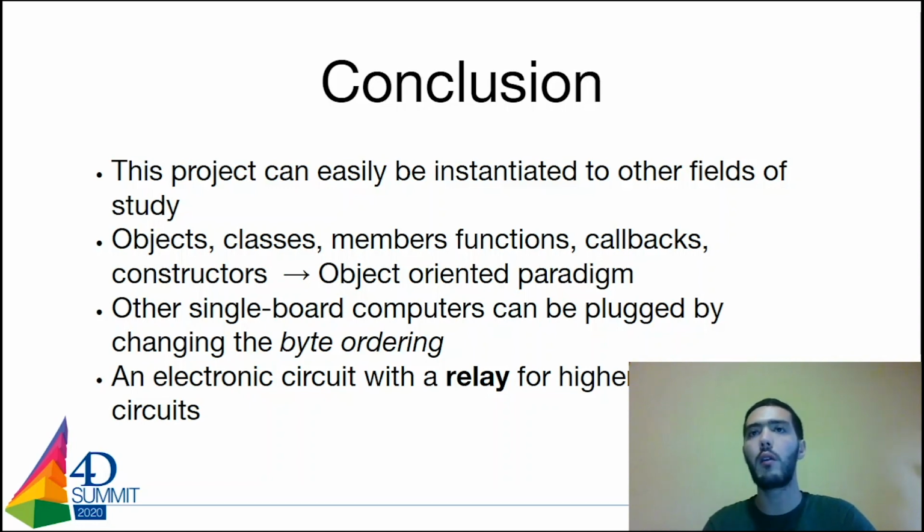For example, in the field of smart agriculture, we would say that if the humidity value is below a certain threshold, we'll turn on the water tap. This logic will remain the same across all fields. So this project can indeed be easily instantiated to other fields of study.